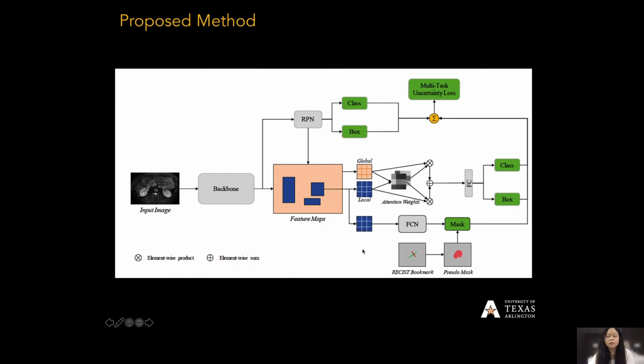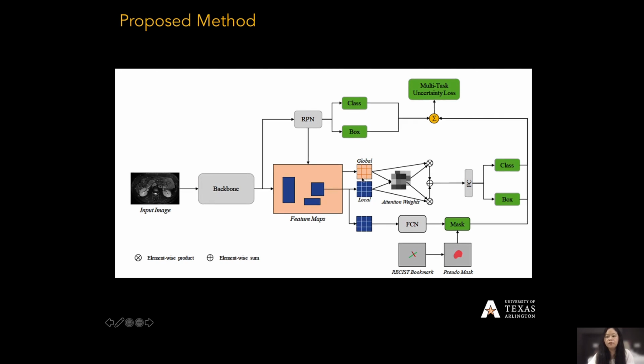Here is the proposed method based on the extracted labels. The input is a CT scan, and we can use different backbones to extract features. In our work, we use ResNet 101 to extract the features, and then we follow the Mask R-CNN framework. We extract the different regions of feature maps, and for the different regions we have the classification loss, which predicts the labels for the lesion, and the regression bounding box, which predicts the rough bounding box.